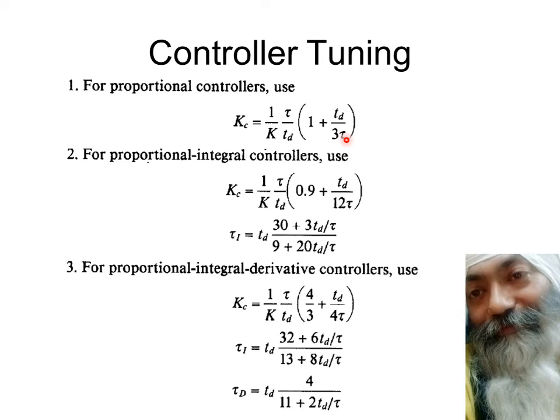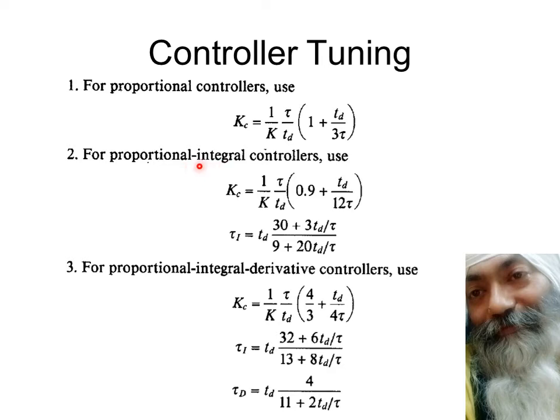Now, the interesting part is that in case you don't want proportional controllers, you want proportional integral controllers, what we call PI controllers. In that case, instead of using this Kc, you use this Kc. Why? Because as you add the integral term, the order of the system increases, the system becomes sluggish, the system gives more deviations, the maximum deviation increases, and the system starts oscillating.